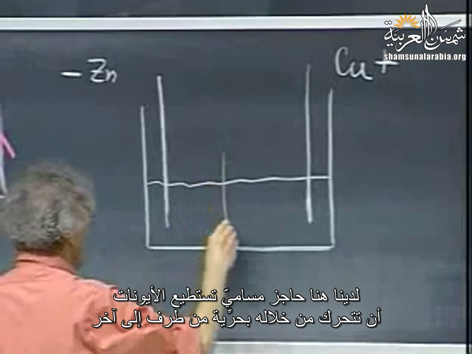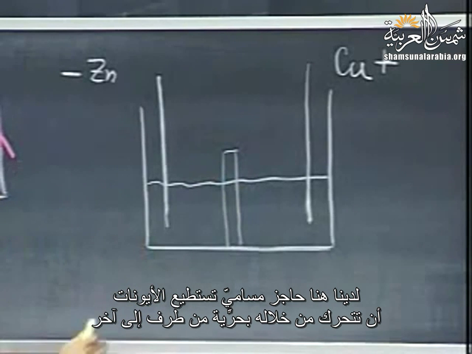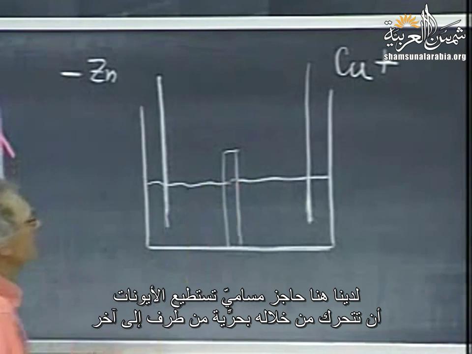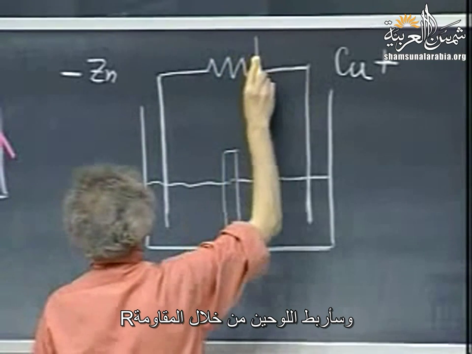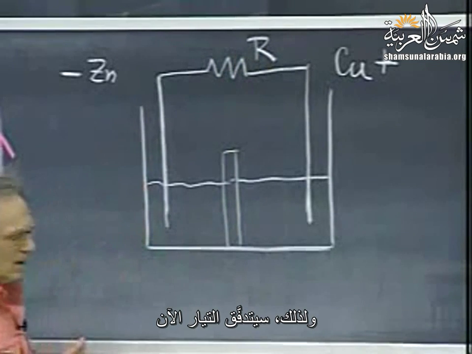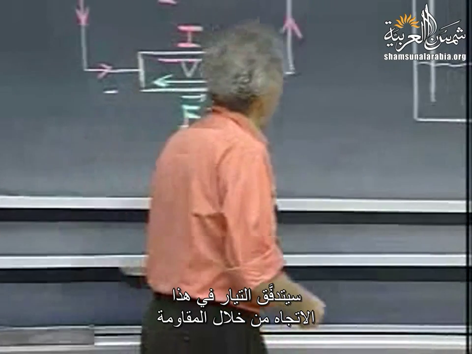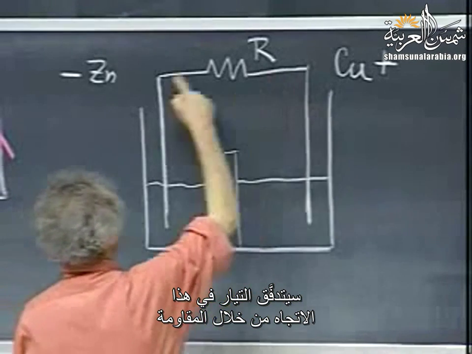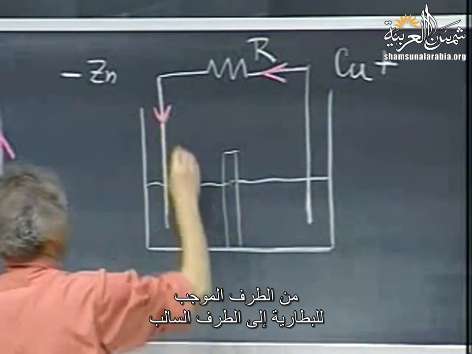We have here a porous barrier so that the ions can flow freely from one side to the other. And we connect them here with a resistor. And so a current is now flowing. A current is flowing in this direction through the resistor, from the plus side of the battery to the minus side.